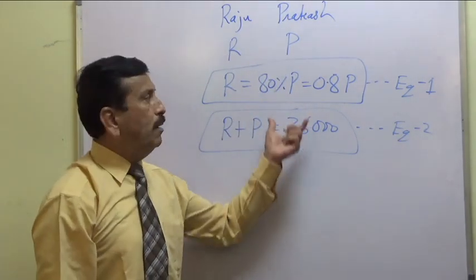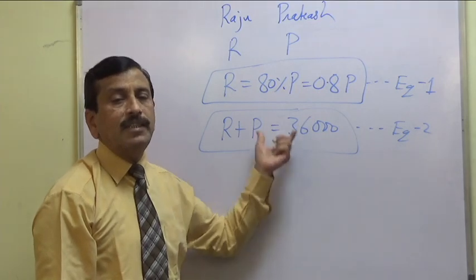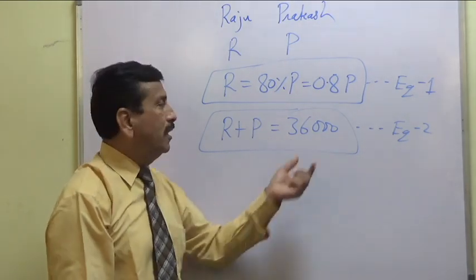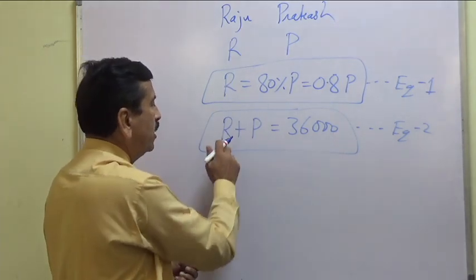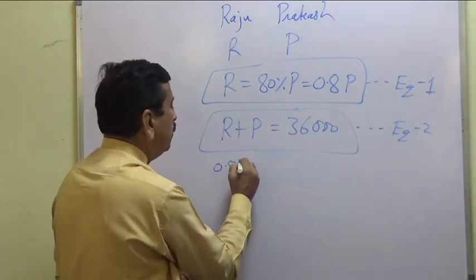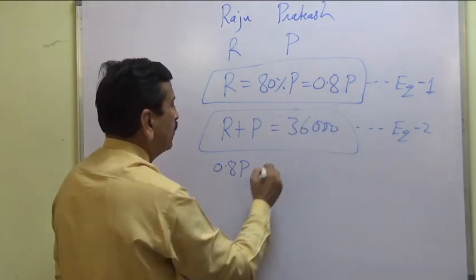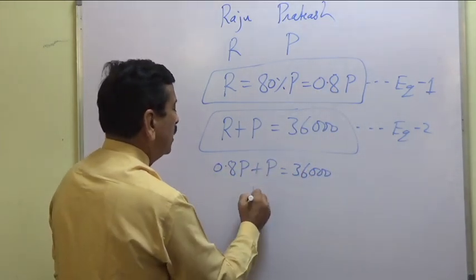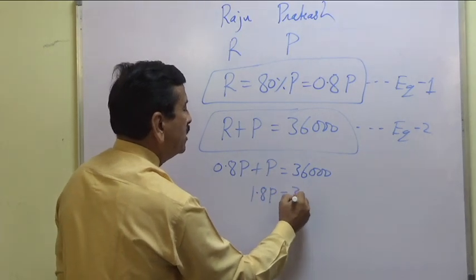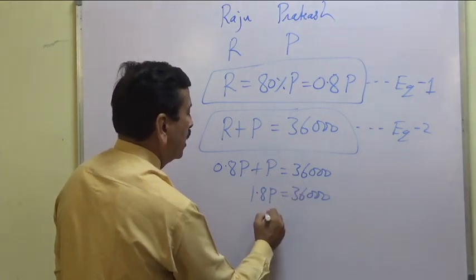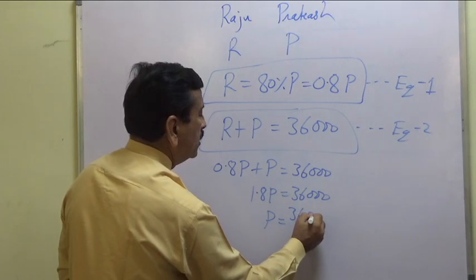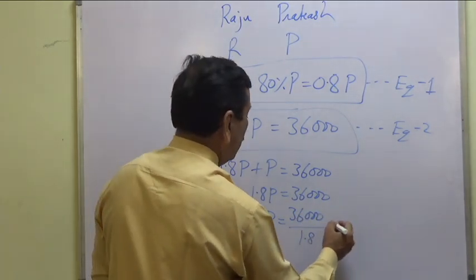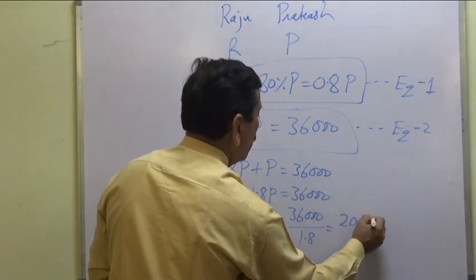The moment we are able to generate two equations, these are two simultaneous equations, and we can simply solve them to get the answer. Put the value of r over here. 0.8p plus p is equal to 36,000. Therefore 1.8p is equal to 36,000, and p is equal to 36,000 upon 1.8, which is 20,000.